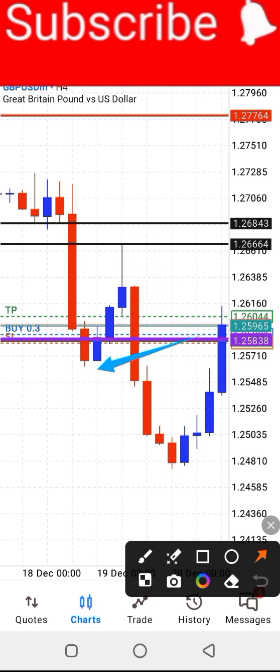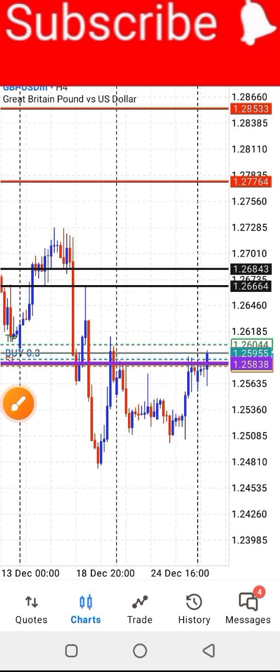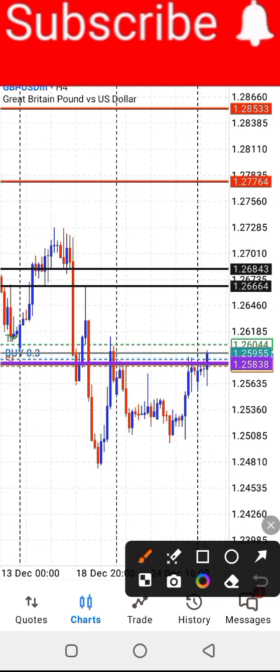Then I noticed that the fair value gap was not completely filled, which leaves us with something we call an imbalance. Imbalance also attracts price. So I marked the 4-hour imbalance with black lines. We had another break of structure right here to the downside.